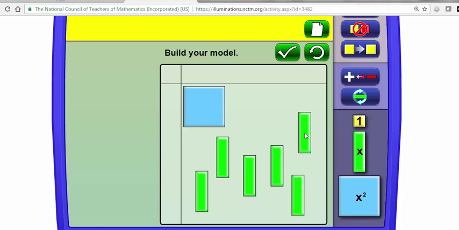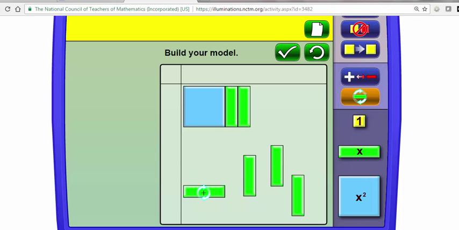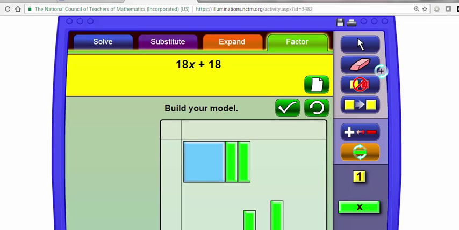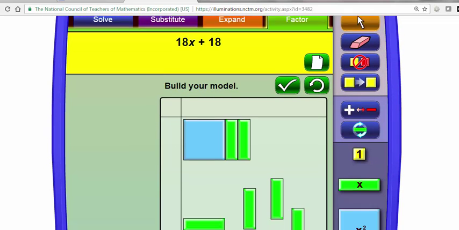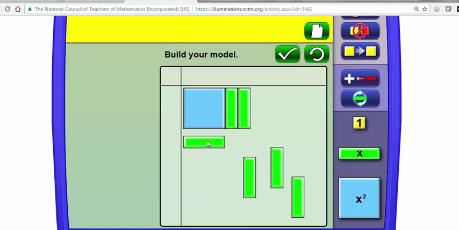My goal right now is to take these shapes and make a square. So let's see, what can I do here? I can line these up. Right now I've got a rectangle. With this program, I can also flip these around.